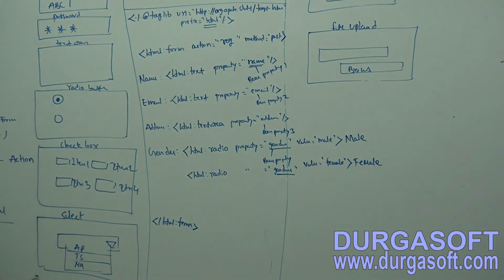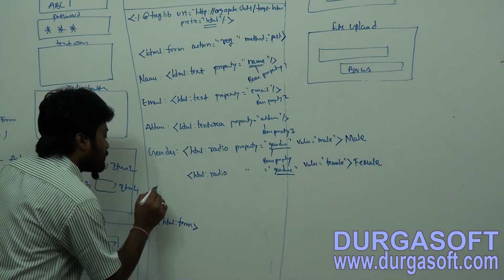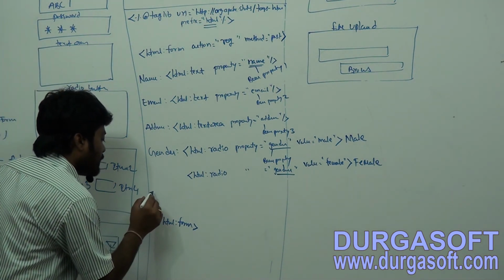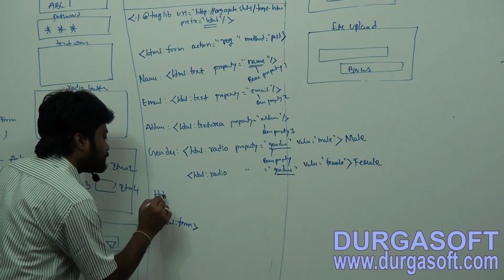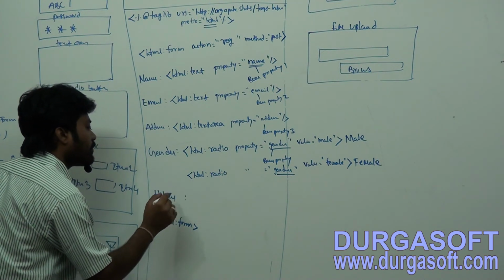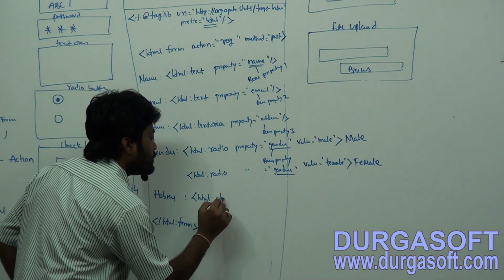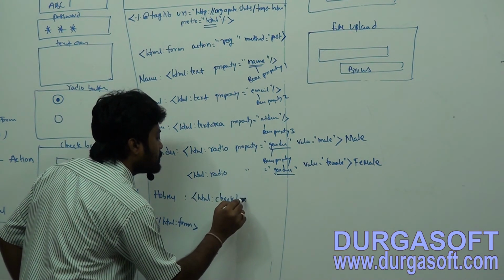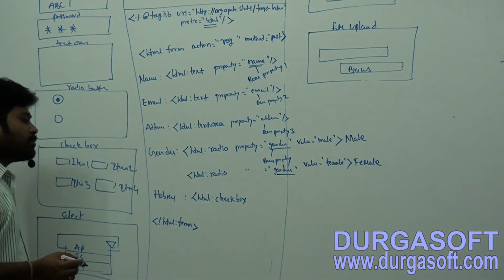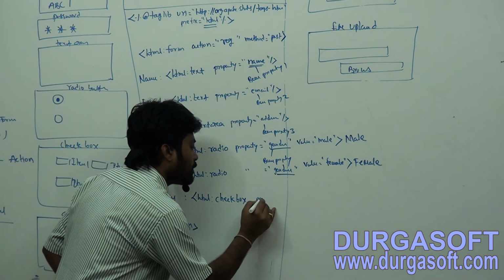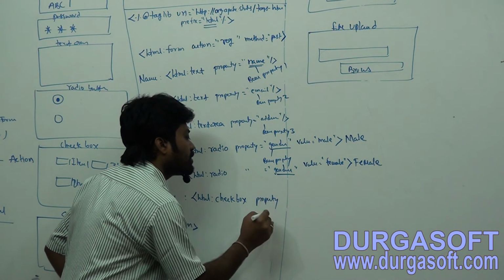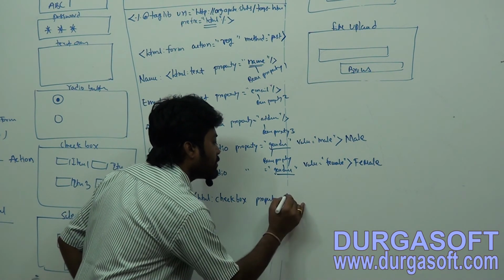And if you require checkboxes, you can write a checkbox here. Checkbox fields like hobbies: html:checkbox property hobbies.